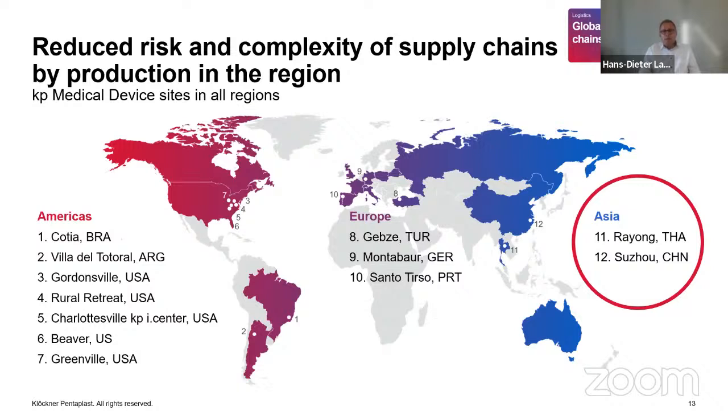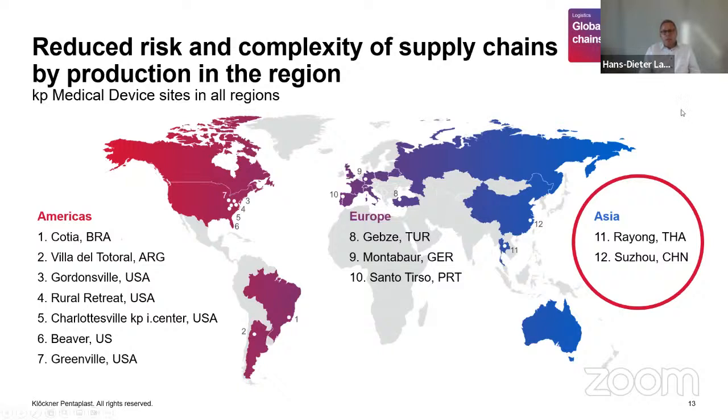Producing in the area, especially focusing on Asia, means shorter ways, less complexity, and lower risks. With all our experience on global regulation and development, we can support an easier supply chain in the region.